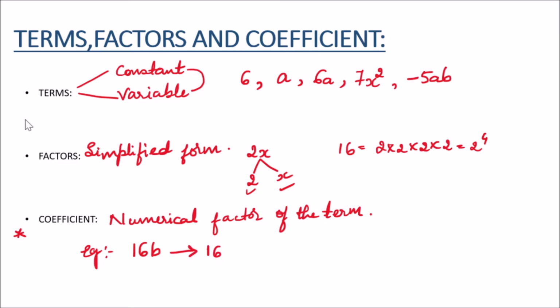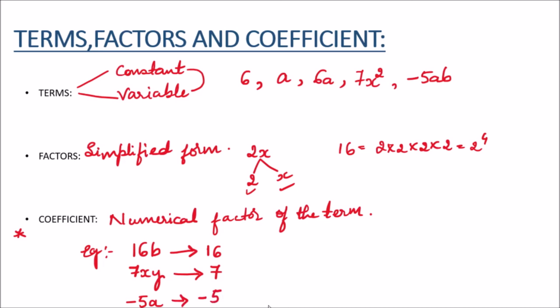Take one more example. If it is 7xy, in this what is the numerical factor? It is nothing but 7. Now one more example, like minus 5a. In this what is the numerical factor or the coefficient of the term minus 5a? You have to take the negative sign with you, minus 5.